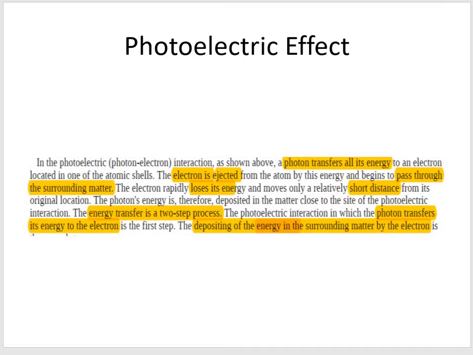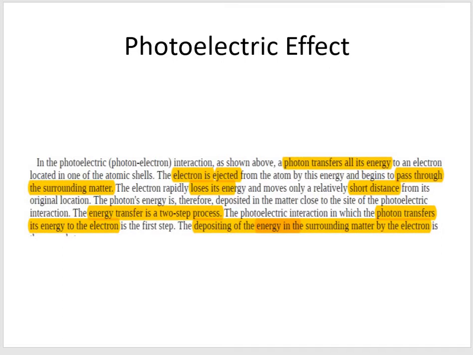It leaves the atom with kinetic energy received from the photon. The energy transferred to the atom is very small and can easily be neglected. So we are assuming that the energy is transferred fully to this electron.